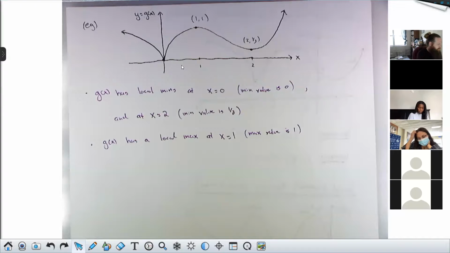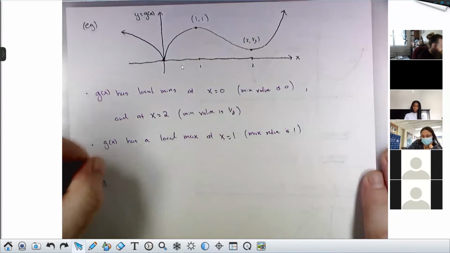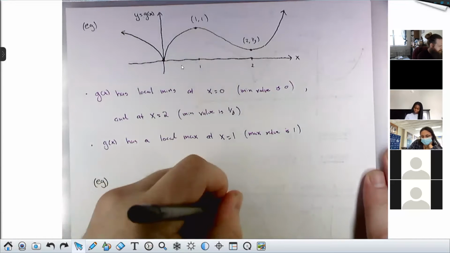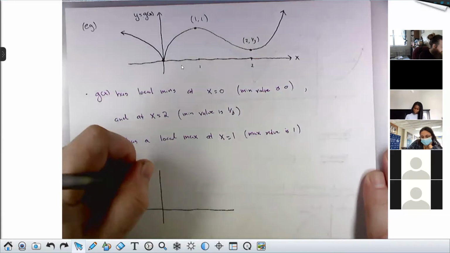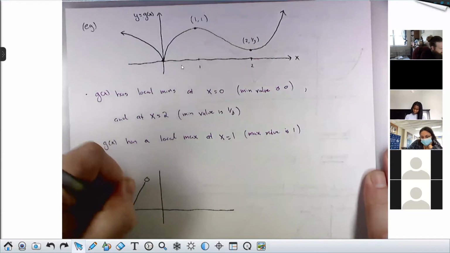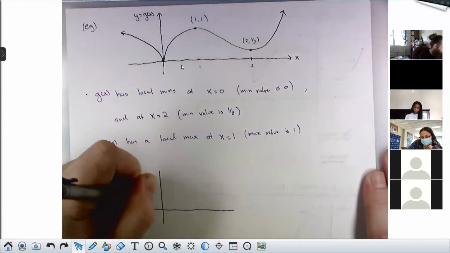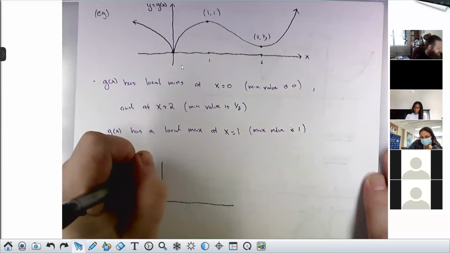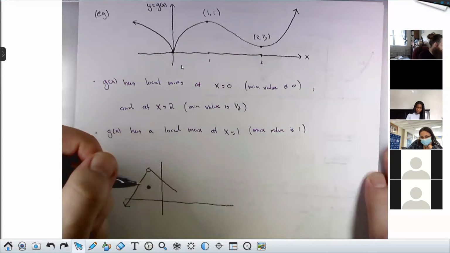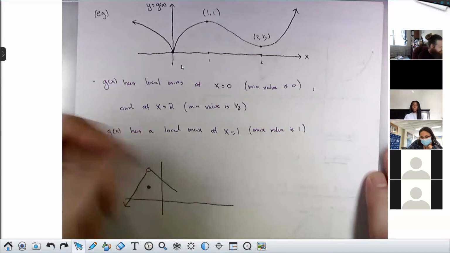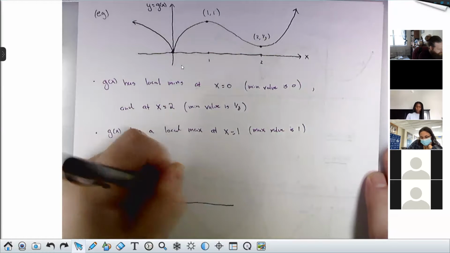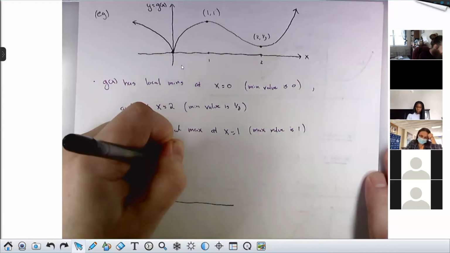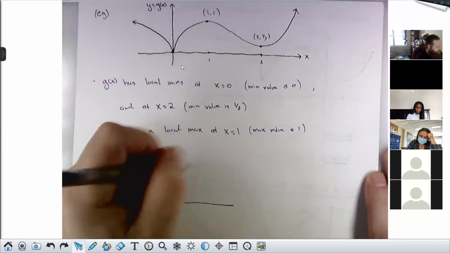All right, let's look at one that's a little bit tougher. Same thing, I want to find mins and maxes. We've already seen something like that.